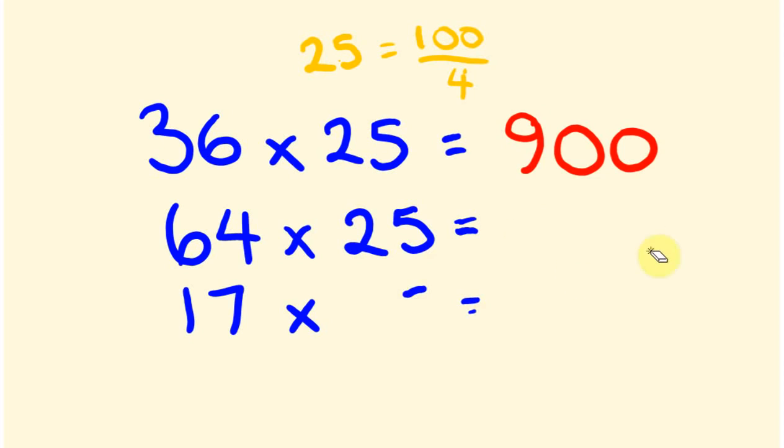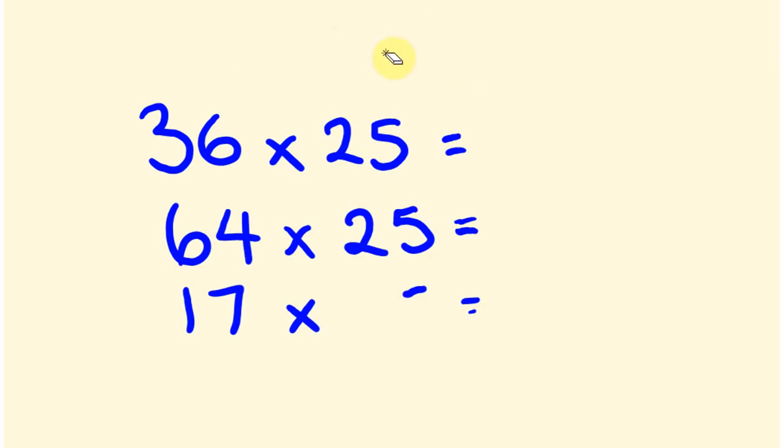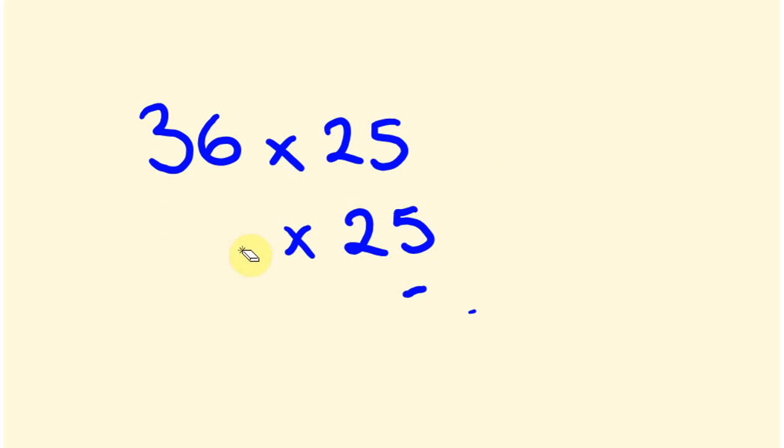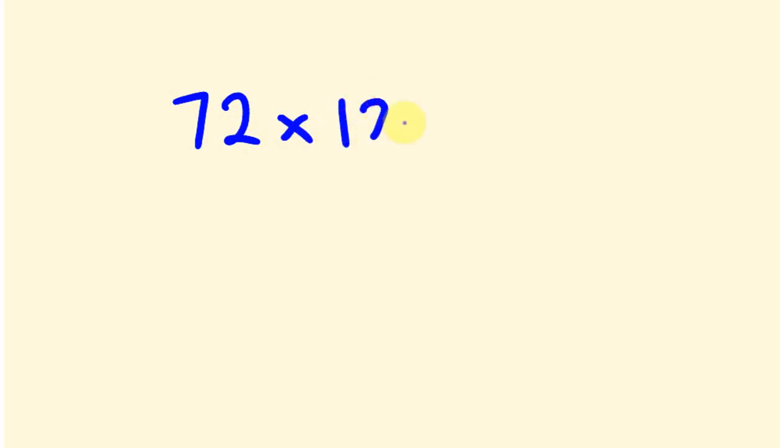Okay, what about the last part now, which I said we're going to cover, which is as follows. It's not rubbing out too quickly today. Say we were looking at multiplying a number by 125. Say we had 72 times 125.